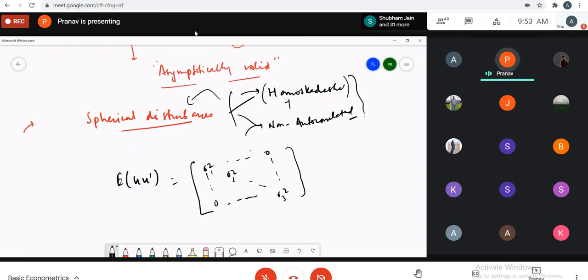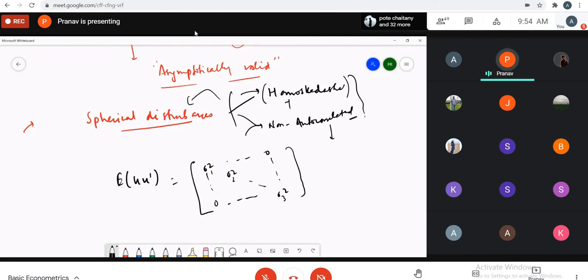Now, a combination of heteroskedasticity and autocorrelated error terms, I'm sure that the exercise the financial economics people did recently, they are mostly called autoregressive conditional heteroskedasticity models, ARCH model, GARCH model, because in such models, your error terms are not just heteroskedastic, they are also autocorrelated with each other.